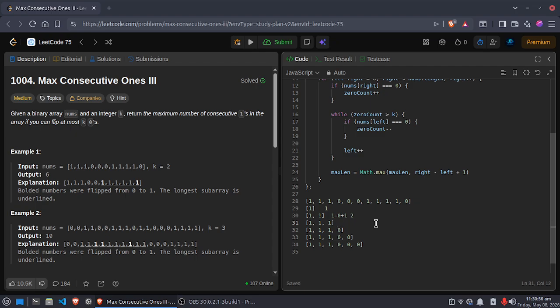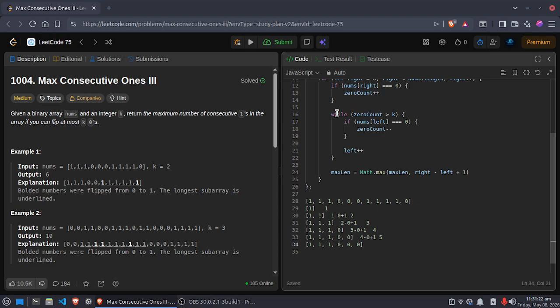Then 2 minus 0 plus 1, I get 3 as the maximum length. Here also 3 minus 0 plus 1, 4 as the maximum length, and here also 4 minus 0 plus 1 is 5 as the maximum length till now.